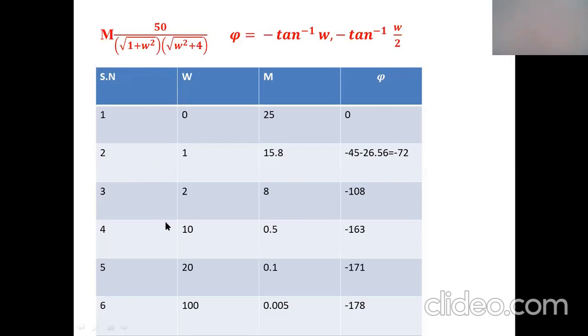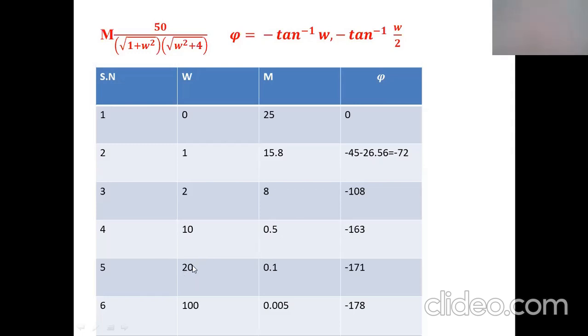If you do that with your calc, you should be able to get a magnitude of 0.5. And then for the phase, the negative tan inverse of 10 plus the negative tan inverse of 5 should give you a value of negative 163. If you have your calc with you, you can check this value here.